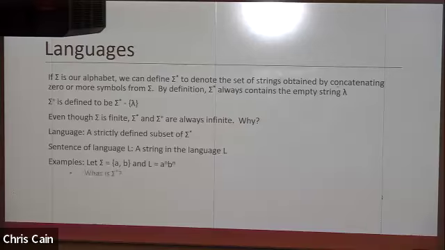If we wanted to write this out, let's start with just the star closure of the alphabet. If we wanted to write this as a set, how could we somehow determine or write what is the star closure of this alphabet?